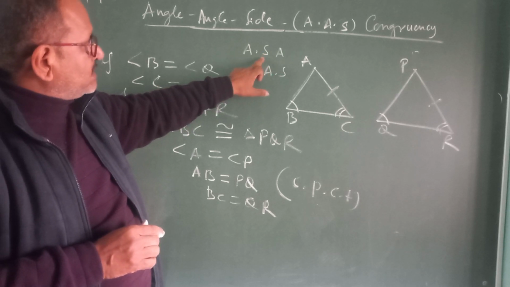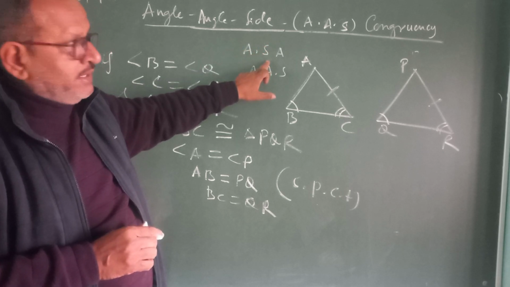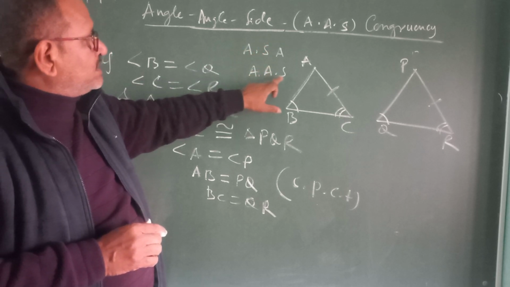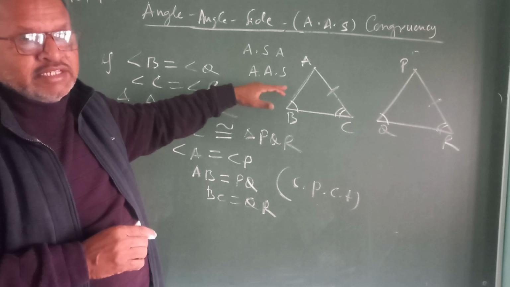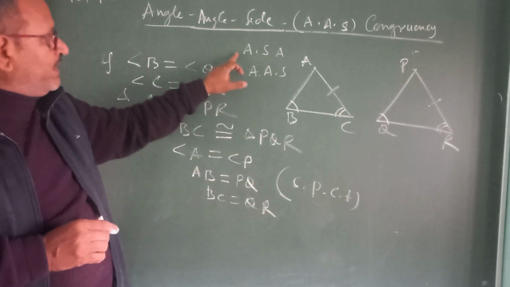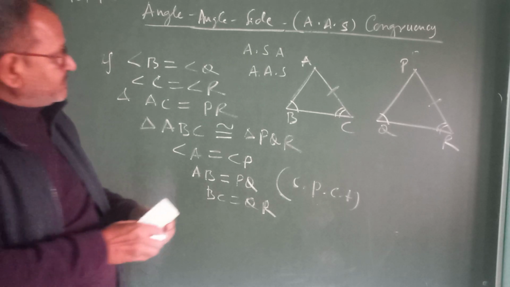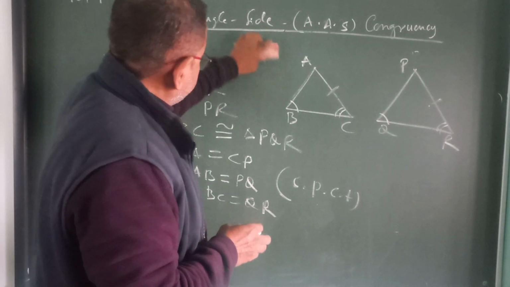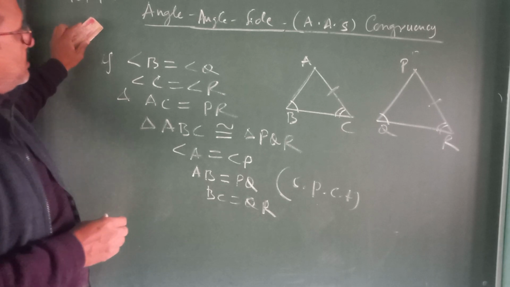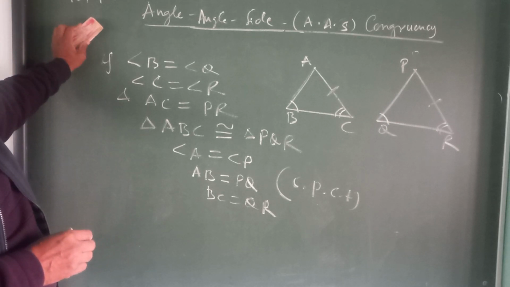In the first case, the side is an included side, but in the second case, the side is not an included side, it is another side. That is the difference between ASA and AAS.